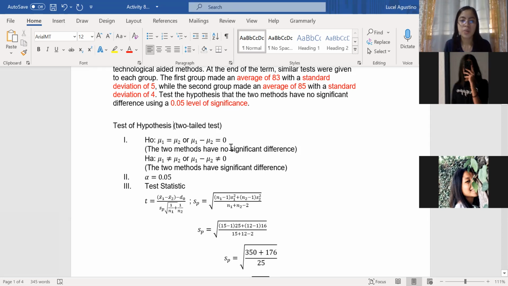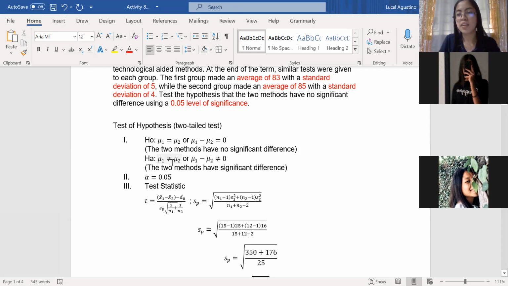And then your textual null hypothesis is that the two methods have no significant difference. And for your alternative hypothesis, mu1 is not equal to mu2.